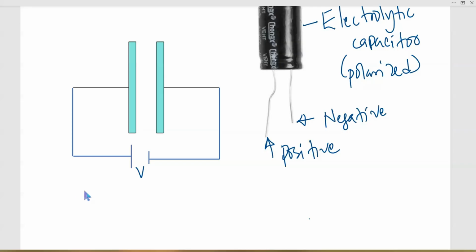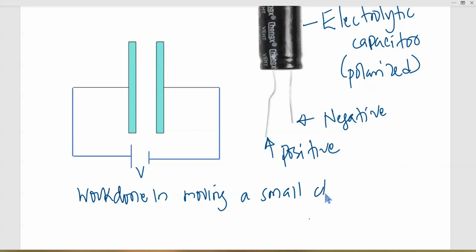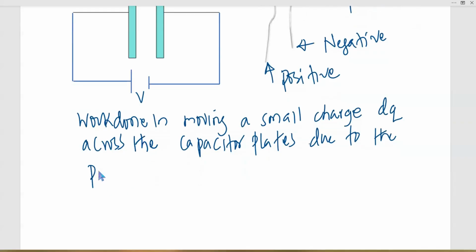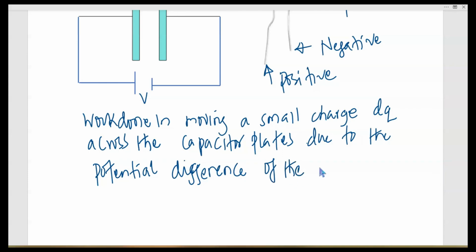So let's say work done in moving a small charge dq across the capacitor plates due to the potential difference of the battery.